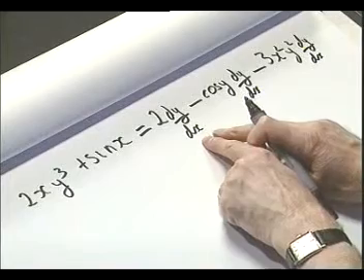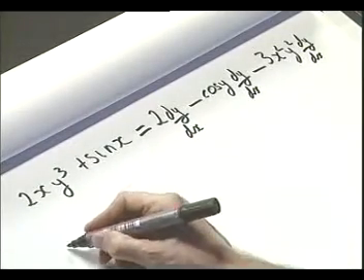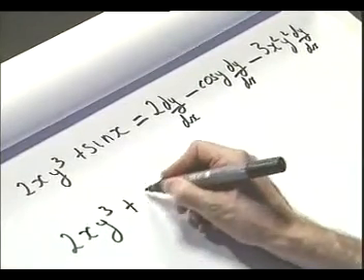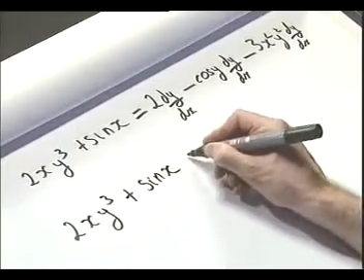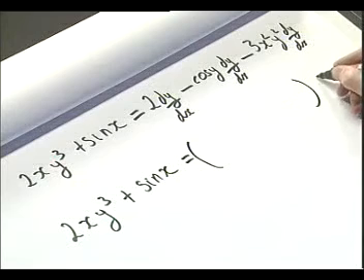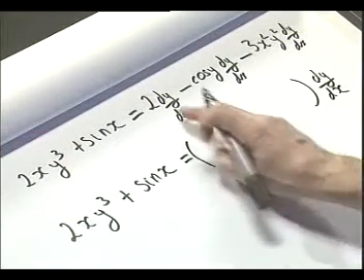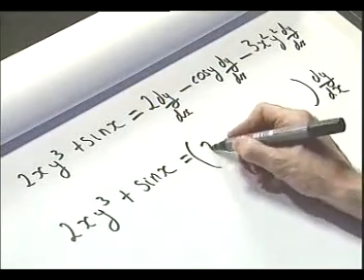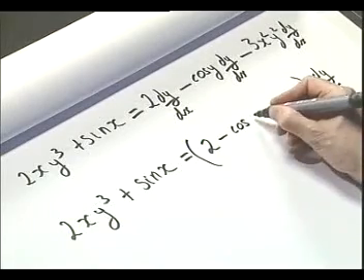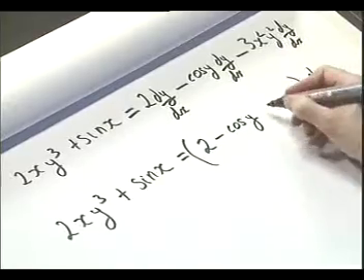And again we see we've got a set of terms here, each with dy by dx as a common factor. 2xy cubed plus sine x is equal to, let's take out this common factor of dy by dx. Well, it's multiplying 2, so we've got a 2 there. It's multiplying minus cos y, so we've got a minus cos y there, and it's multiplying minus 3x squared y squared.